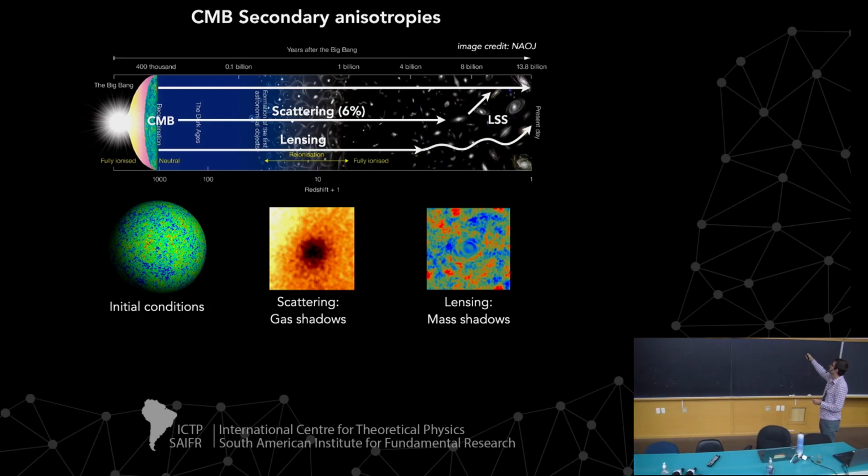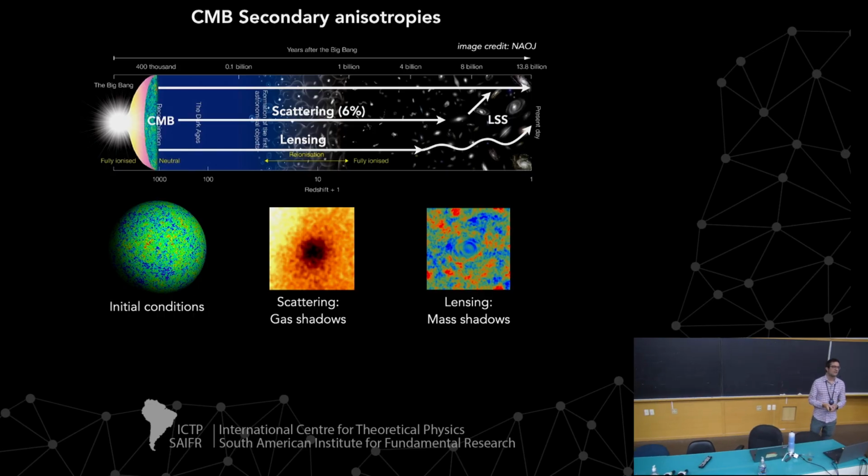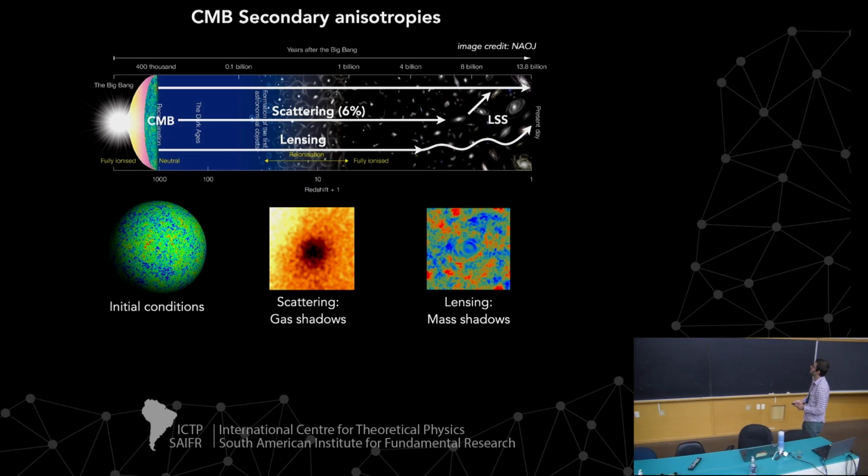And lensing is very interesting to me because what it does is it tells you how much mass is there. It tells you the size of the gravitational potential. And so it allows you to map all the matter in the universe, not just the visible one, but also the dark matter. So these are two big types of shadows or CMB secondary anisotropies that are imprinted on the CMB.